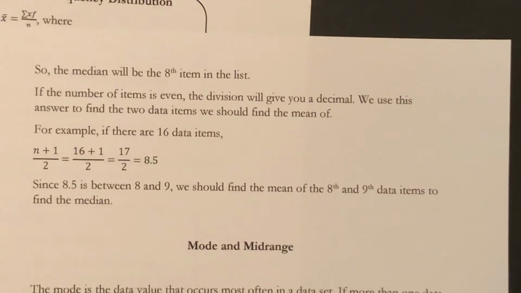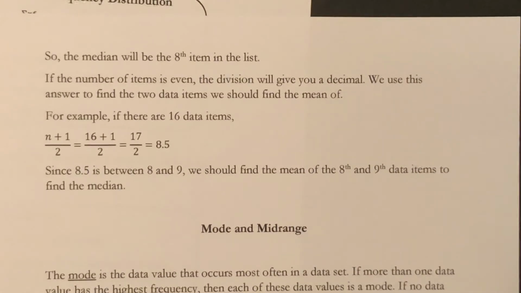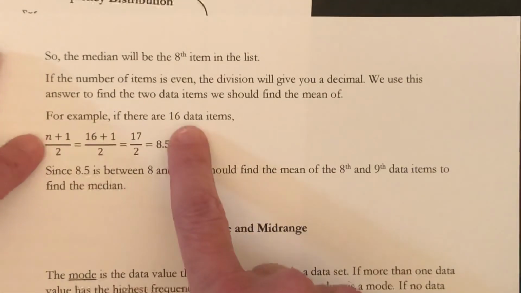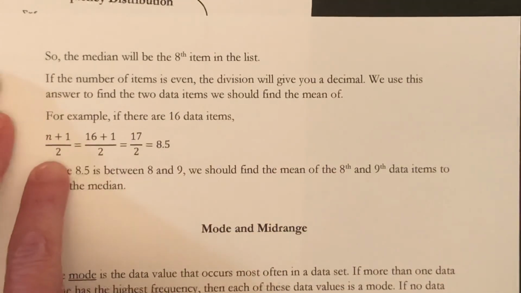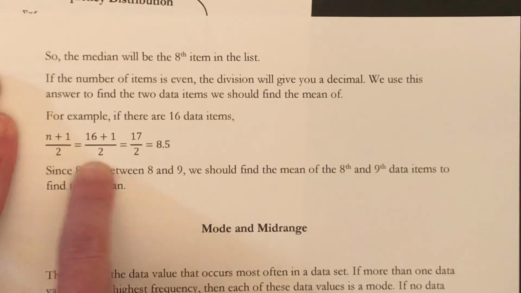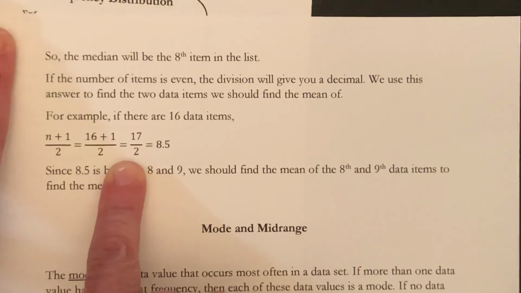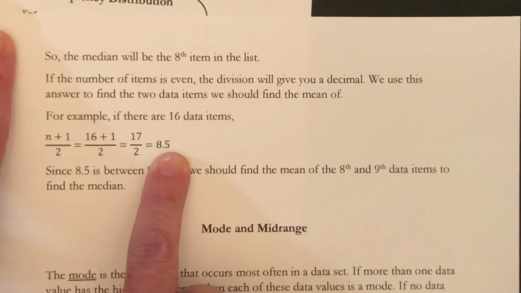If the number of items is even, then we're going to have to take the average of those two numbers in the middle. So we use the answer that we get by this division. We're going to get a decimal. But it tells us where to look. It directs us to the two numbers we need to average. For example, if we had 16 data items and we plugged into that same formula, I get 17 over 2, which is 8.5.